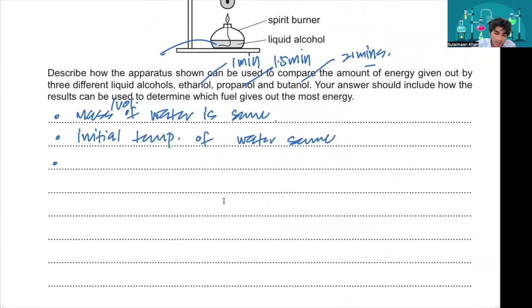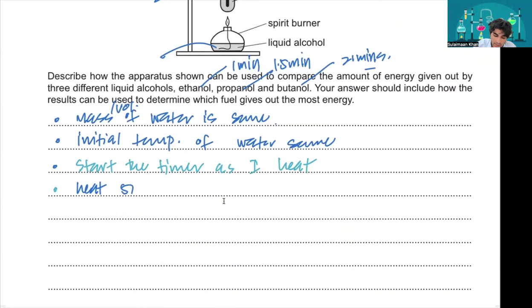And then what do I do? I'm going to start the timer as I heat. Let's suppose I want to heat it till 50, so I'll heat it to 50 degrees Celsius.